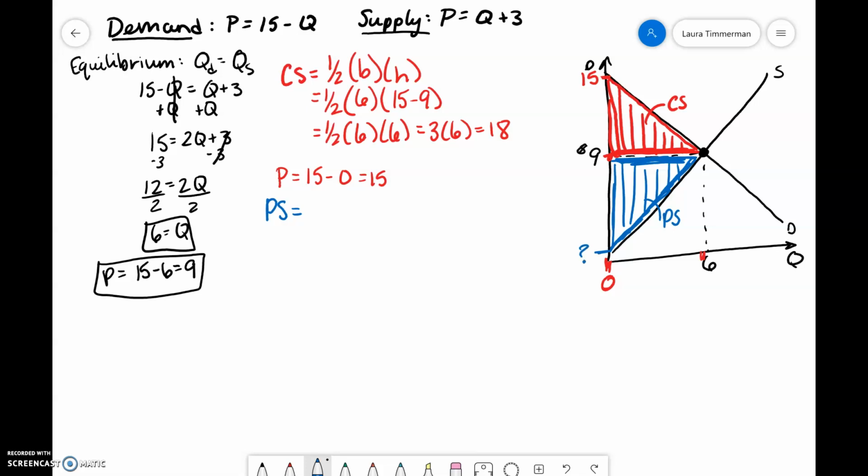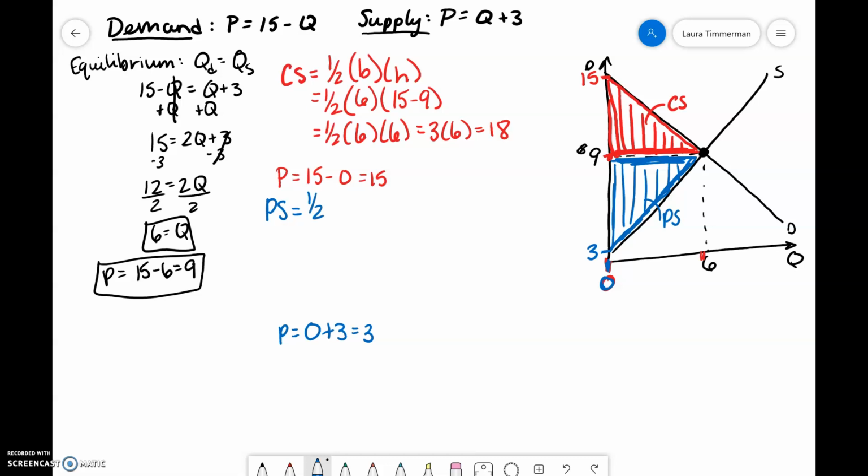To get that, it's on the supply curve, and it's the price on the supply curve where the quantity is 0. Because it again is this point with a 0 quantity. So 0 plus 3 is 3. So this is really 3.